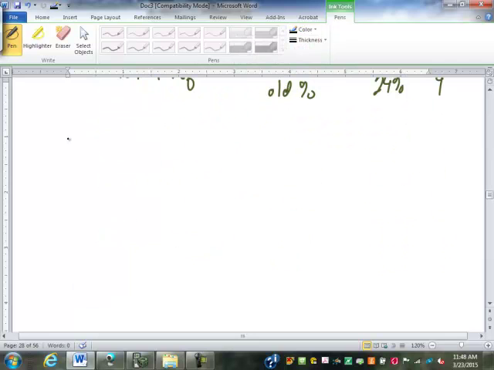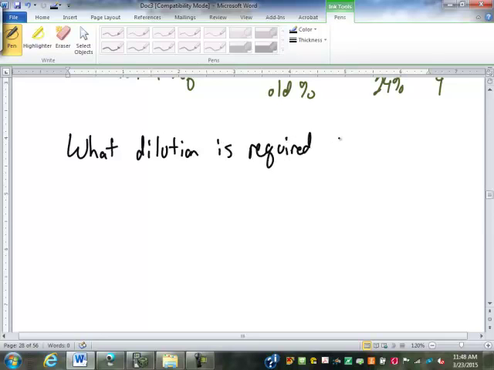So if we were to ask what dilution is needed to dilute, let's say, a 32% solution to 12%.